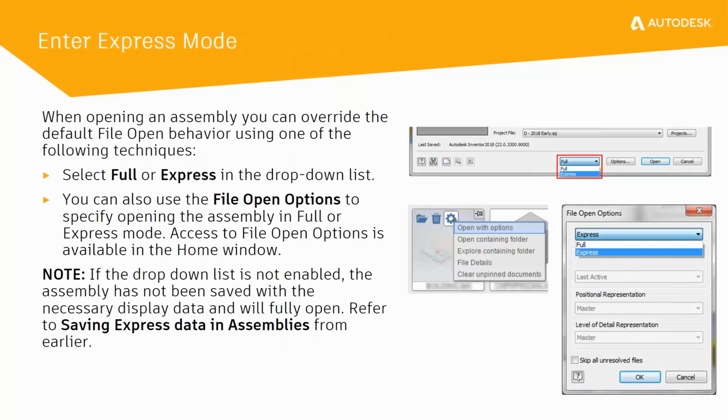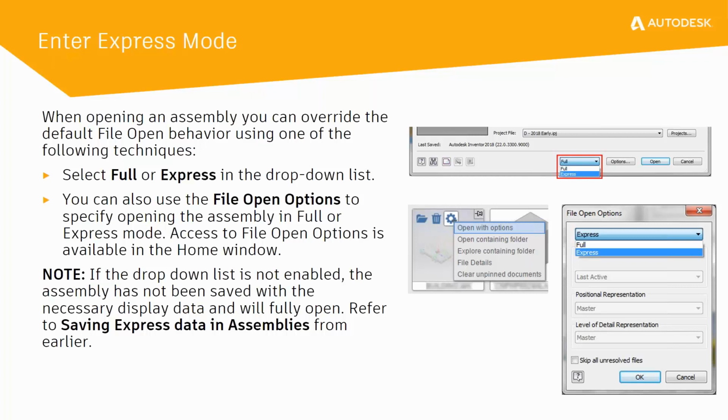How can you enter Express Mode? There's a couple of ways. You can have it triggered, as we saw before, so it'll automatically happen for you when it recognises that maybe 500 or more files, or 200 or more, whatever you want to set that threshold at. But when you go to open an assembly from the dialog box, you can also select either Full or Express from the pull-down box at the bottom of it.